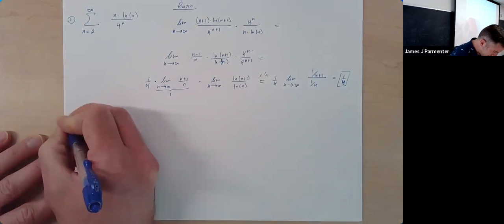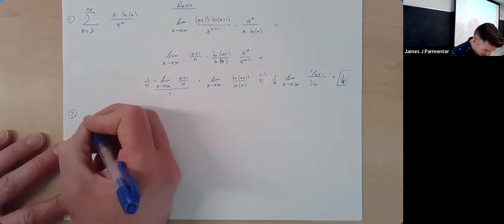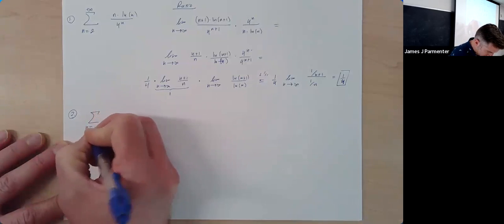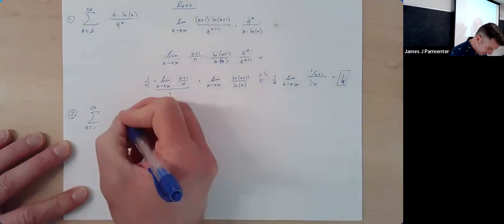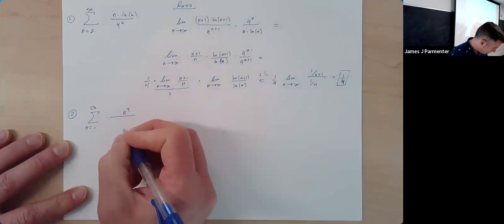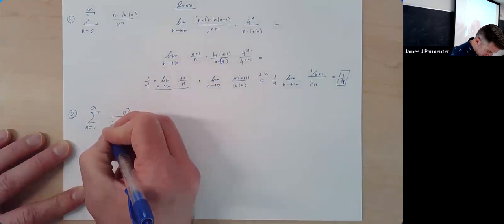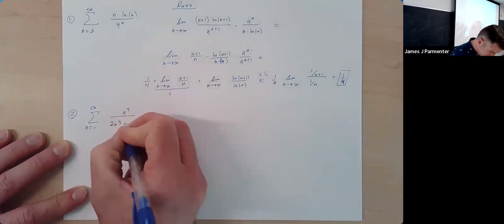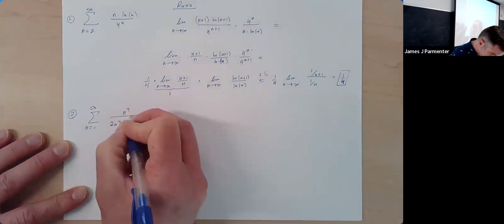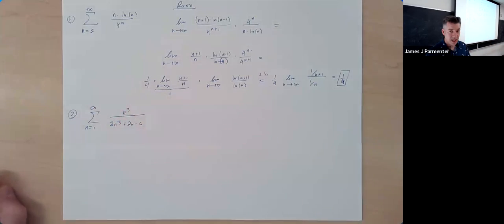Let's look at another example. Say I have the sum from n equals 1 to infinity of n cubed over 2n cubed plus 2n minus 6. And here I definitely should not use the ratio test.